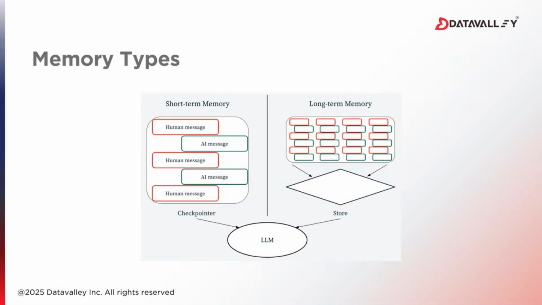And next, the large language model, LLM, is the brain, right? It just works with the short-term memory and it can access long-term memory by sending a query, and it will retrieve the relevant information from that. How that will be, we will see in our next slides.